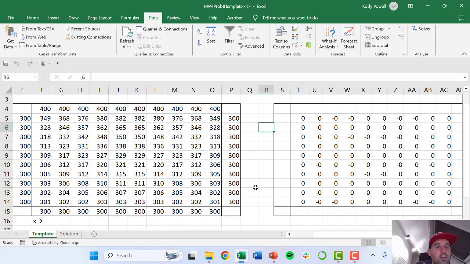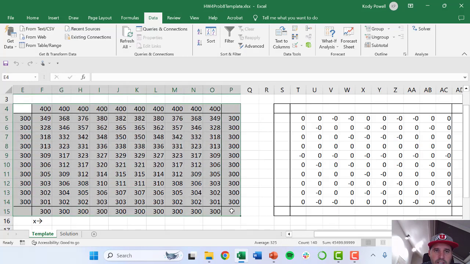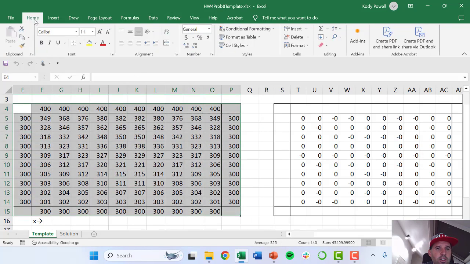So looking at this numerically can be kind of a challenge. You do see these lower temperatures here, especially the further you get away from that 400 boundary condition. So this does look like kind of a temperature map. It's a lot easier to visualize, and here's a little trick if we use conditional formatting.